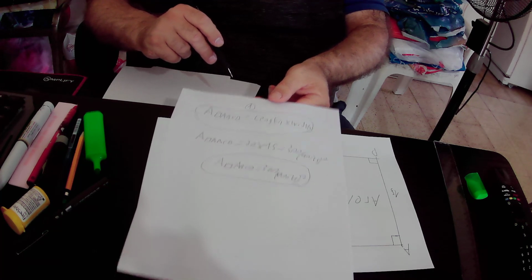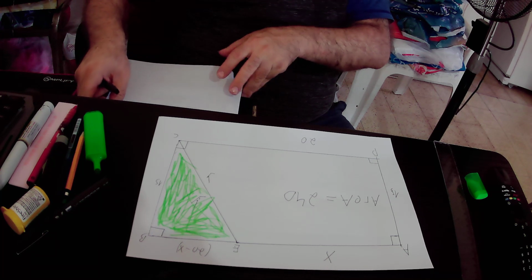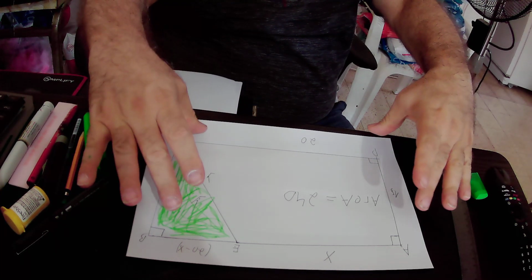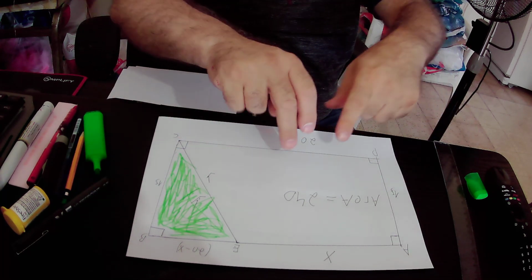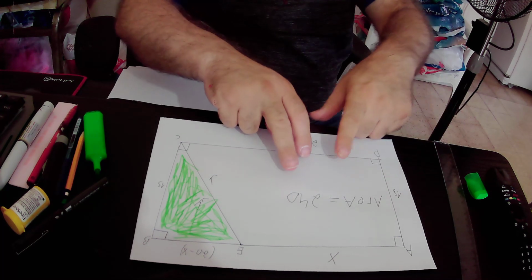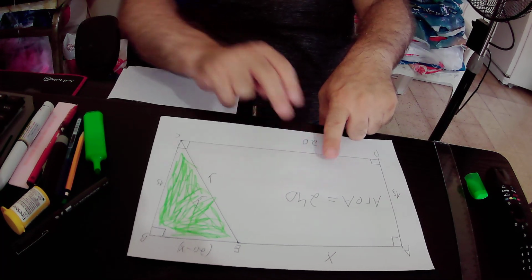Okay, so the area of the green right triangle will be equal to the area of the rectangle minus the area of this shape, that is 240 units squared.